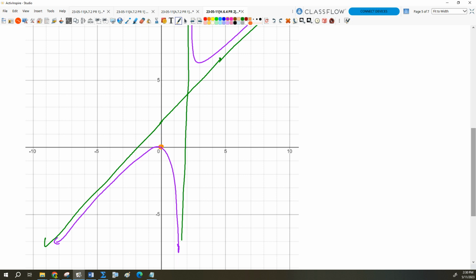It's either going to be above or below the slant asymptote. Because if it were down here sticking to the asymptotes, it'd have to cross the x-axis again, which it doesn't do. There's only one x-intercept.